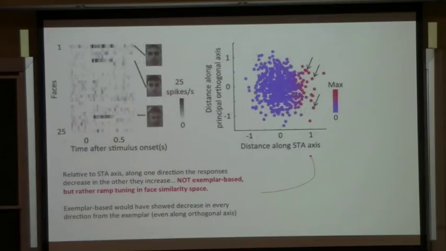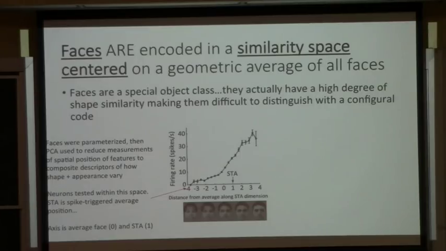Basically, they looked at a bunch of faces and put parameters around them so that they could boil it down to composite descriptors of how faces vary in shape and appearance in general, and then they tested neurons within that space.